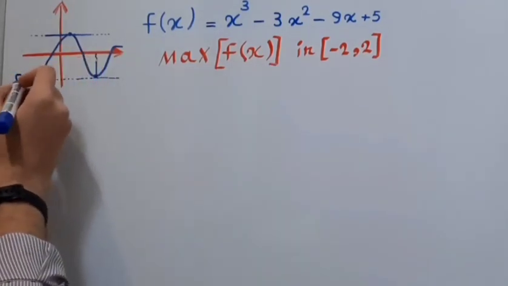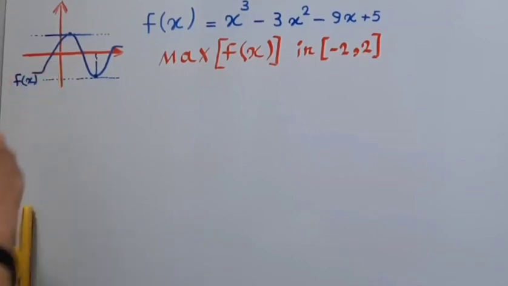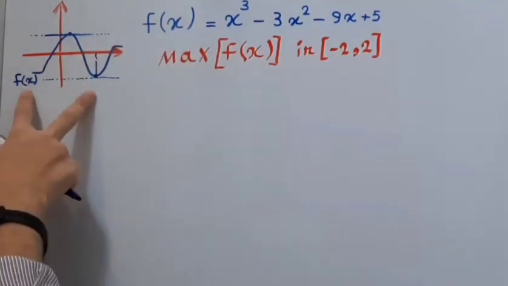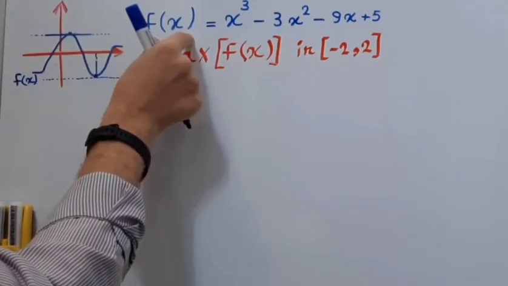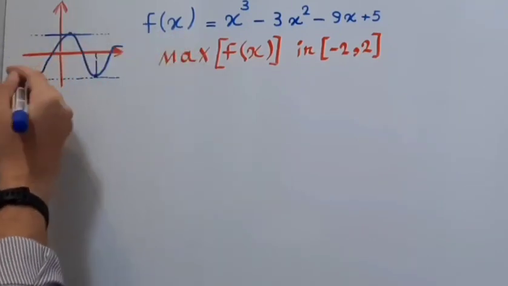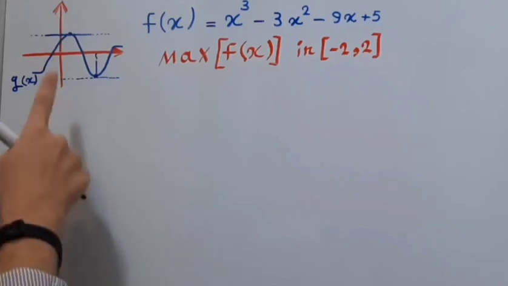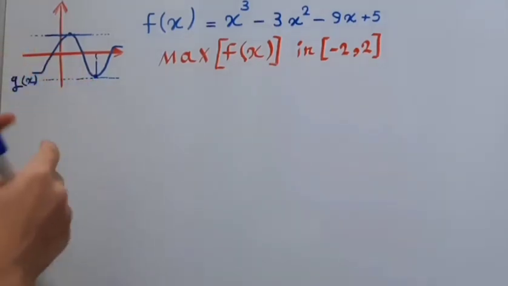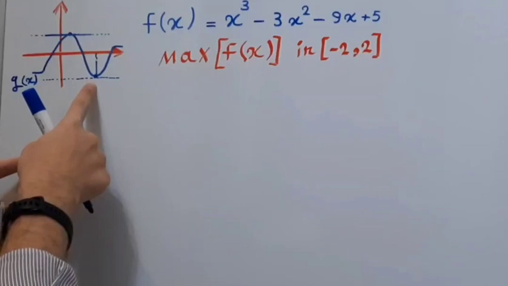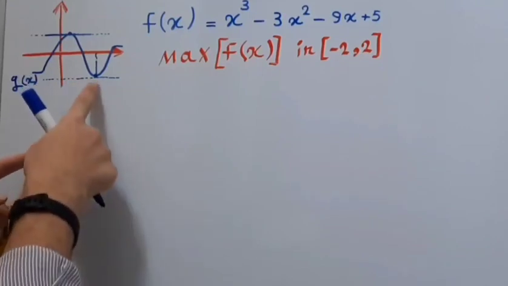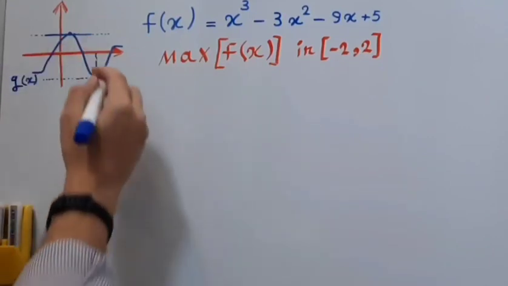If I want to name these, for example, this f of x, these two are not the same. This is f of x, and let's say this is g of x. And this is the smallest value of g of x, and we're comparing from behind and front points.